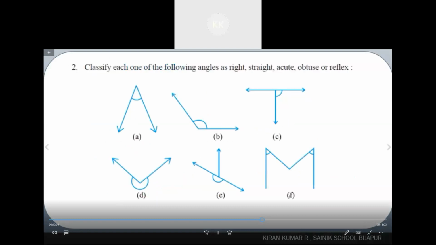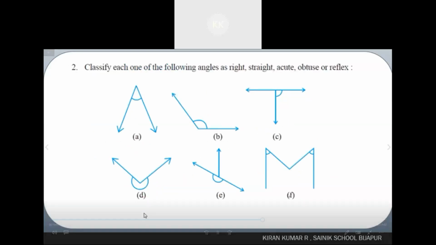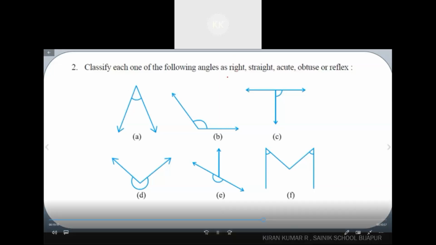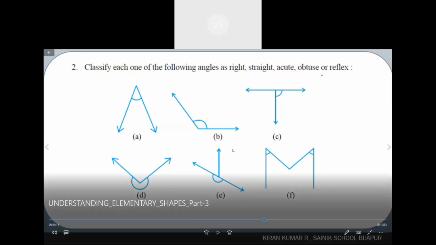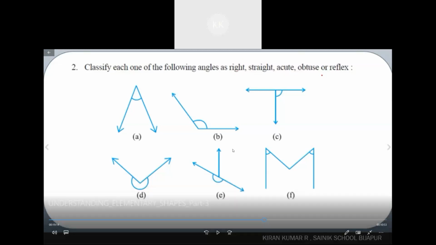Next question, second one. Classify each one of the following as right angle, straight angle, acute angle, obtuse angle, or reflex angle. Lambakona is called a right angle in English. A right angle is known as a 90-degree angle.